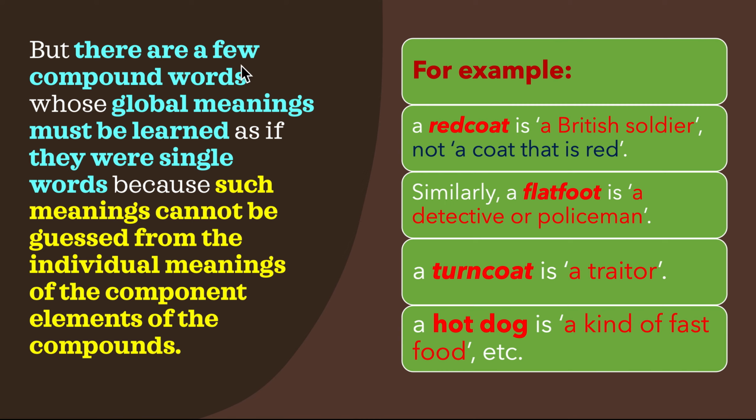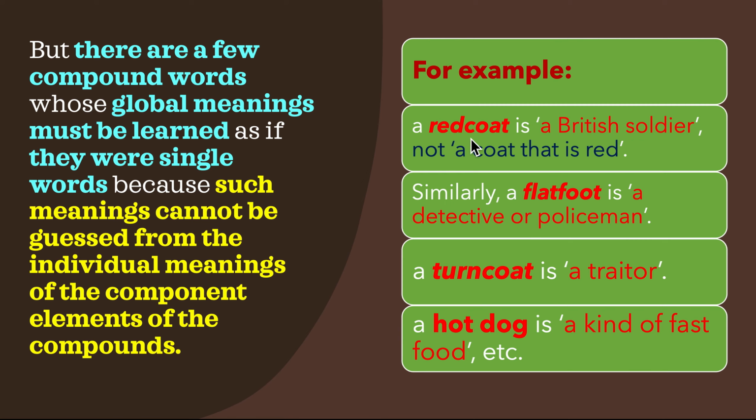But there are a few compound words whose global meanings must be learned as if they were single words, because such meanings cannot be gauged from the individual meaning of the component elements of the compounds. For example, a redcoat is a British soldier, not a coat that is red.